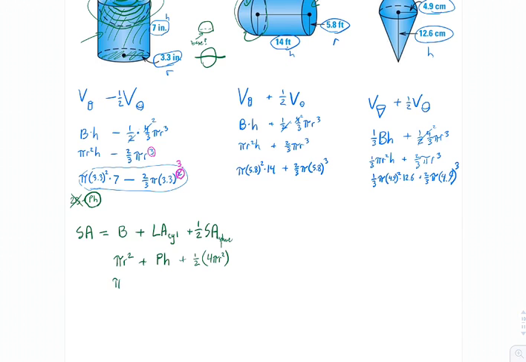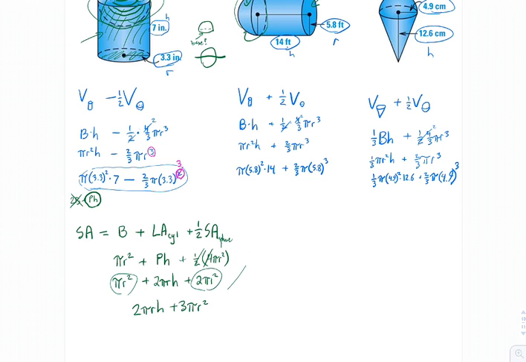So this is pi r squared plus 2 pi r h, the circumference times height, plus 2 pi r squared. Now I could even simplify that with my pi r squared, so I get 2 pi r h plus 3 pi r squared.